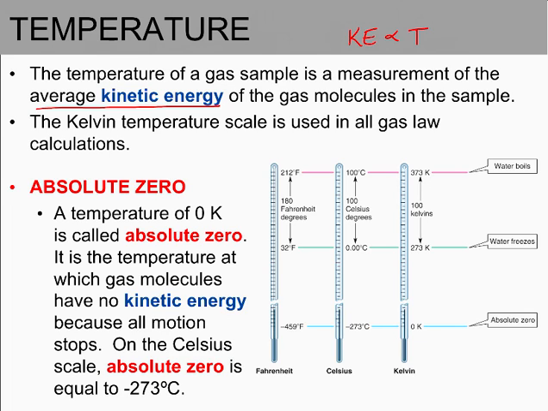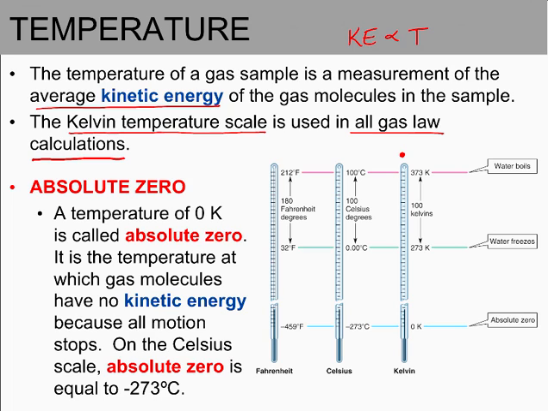Now, for gas laws, we're always going to use the Kelvin temperature scale. You might remember back when we first talked about temperature, that the Kelvin scale, which is off to the right, is an all positive scale. So we don't have any negative temperatures.